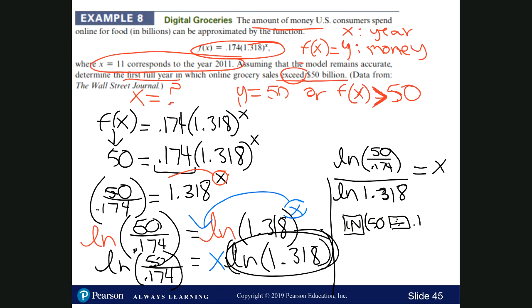Close parentheses, then you have to press the division key again, and then natural log of 1.318, and you close parentheses.